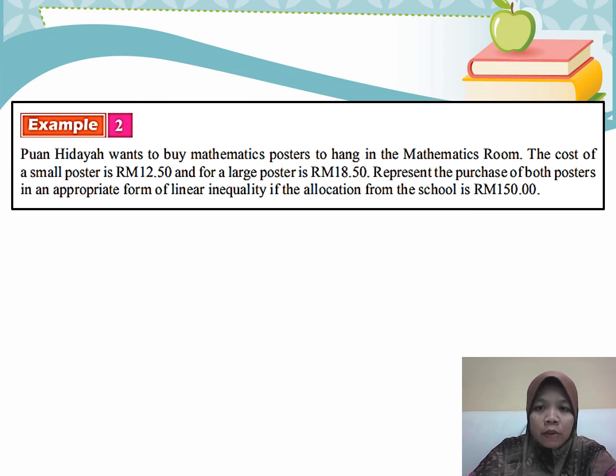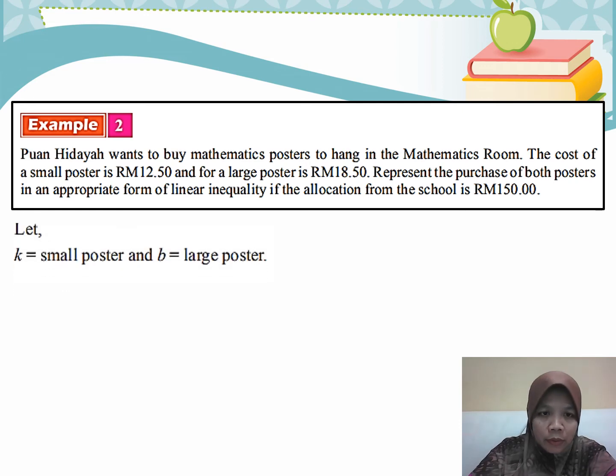Represent the purchase of both posters in an appropriate form of linear inequality if the allocation from the school is Rm150. Let K equal small poster and B equal large poster. So how to write the inequality for the given information?